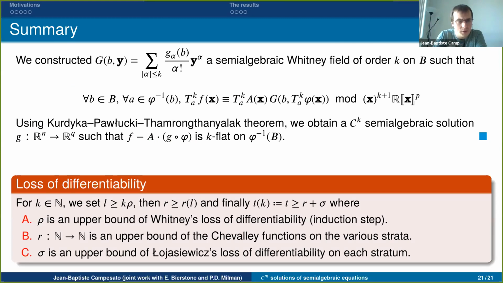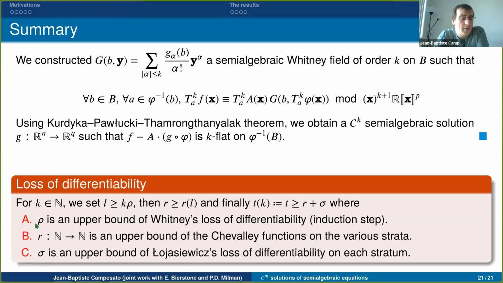Let me just summarize the loss of differentiability. It appeared at 3 places, but each time that was something which was in some sense either on a stratum or at one step. So we have to be careful that we can obtain a loss of differentiability which is no longer local but global.